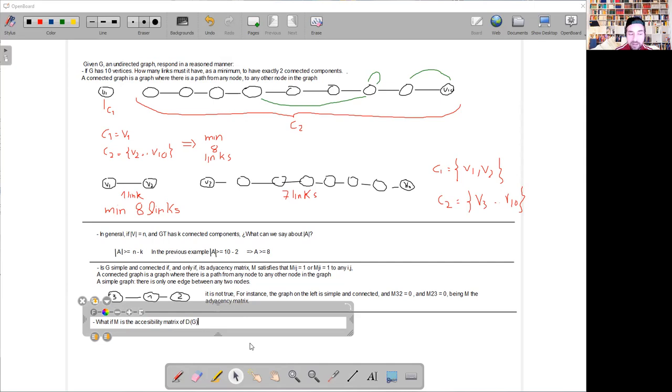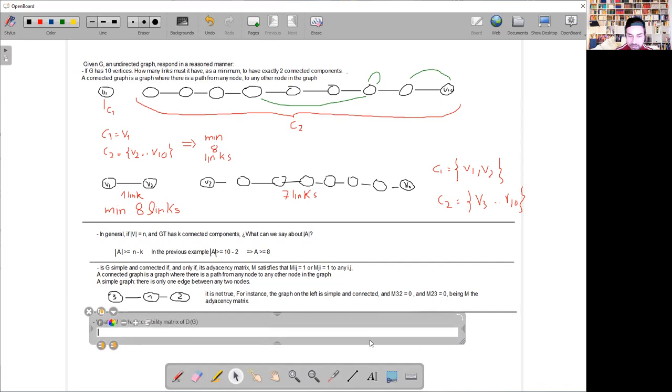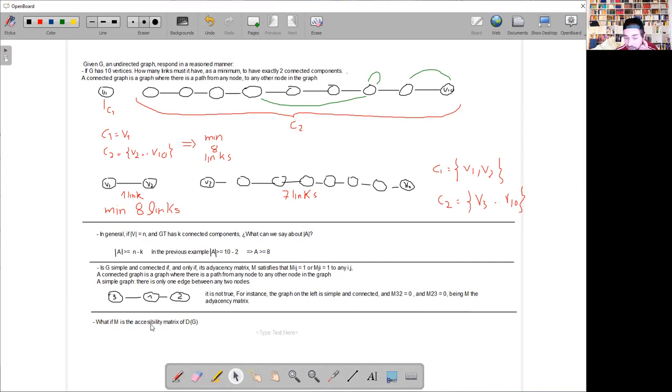Well, we could say, in this case, that if it is the accessibility matrix and it has 1 in all the positions, that means that the graph is connected because every node is connected to every other node in the graph, right?